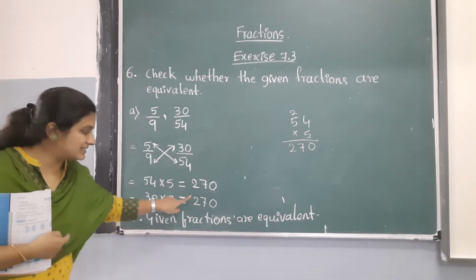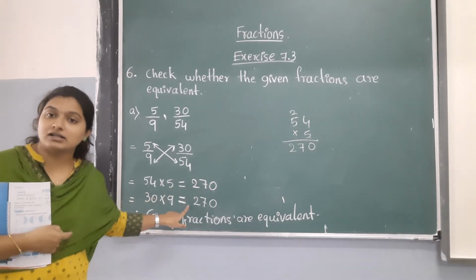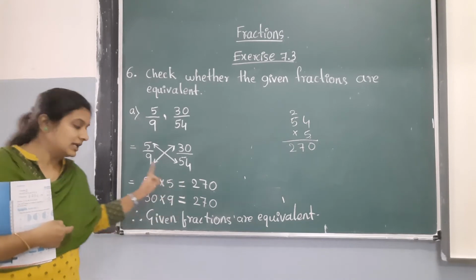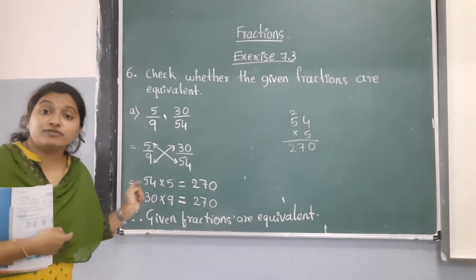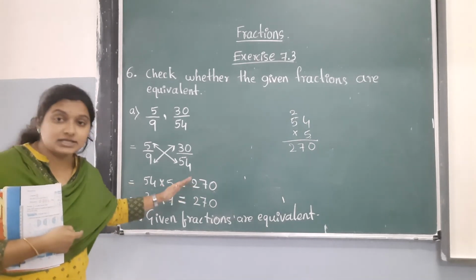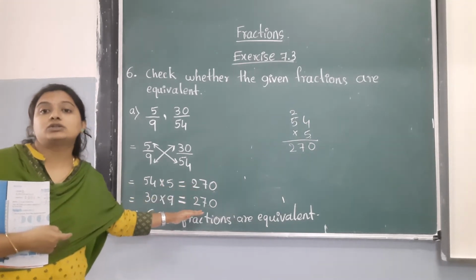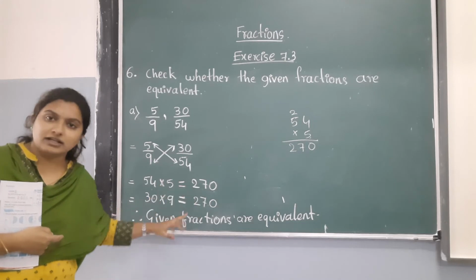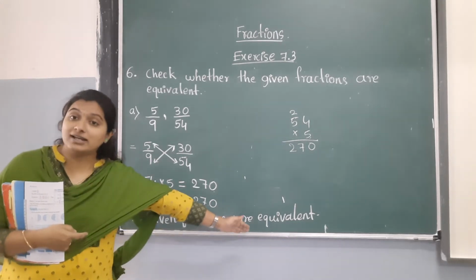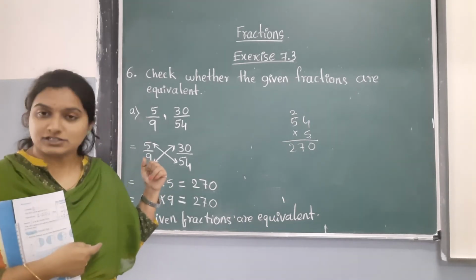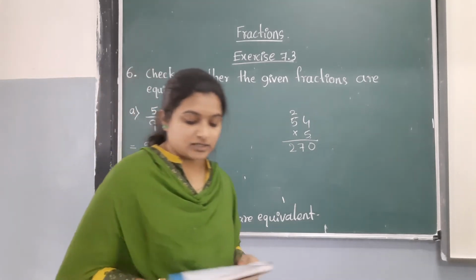If you get the same number, then write given fractions are equivalent. If you get different numbers, here 270, here 260, different numbers, then you write given fractions are not equivalent. Understood, children? Will you do the next two sums?